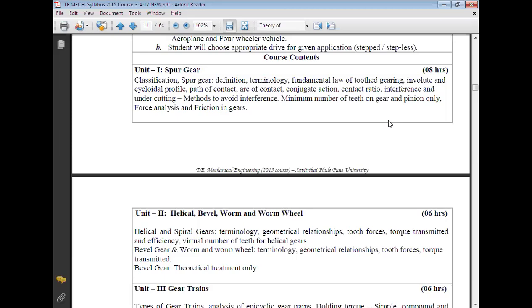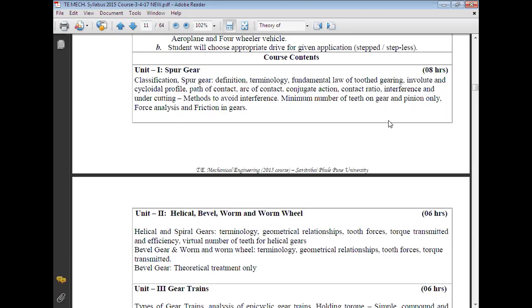So we are going to see a few equations, the equations by which we can get the formula to calculate the minimum number of teeth either on pinion or on gear. That is what we are going to see.